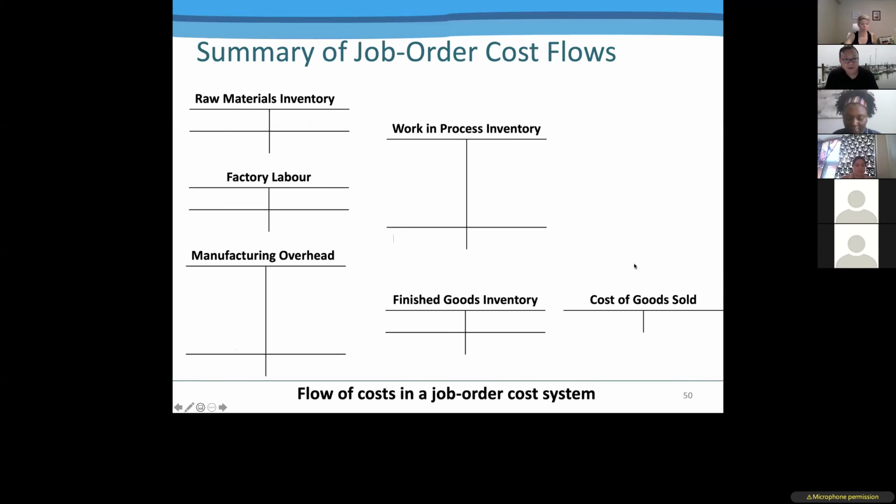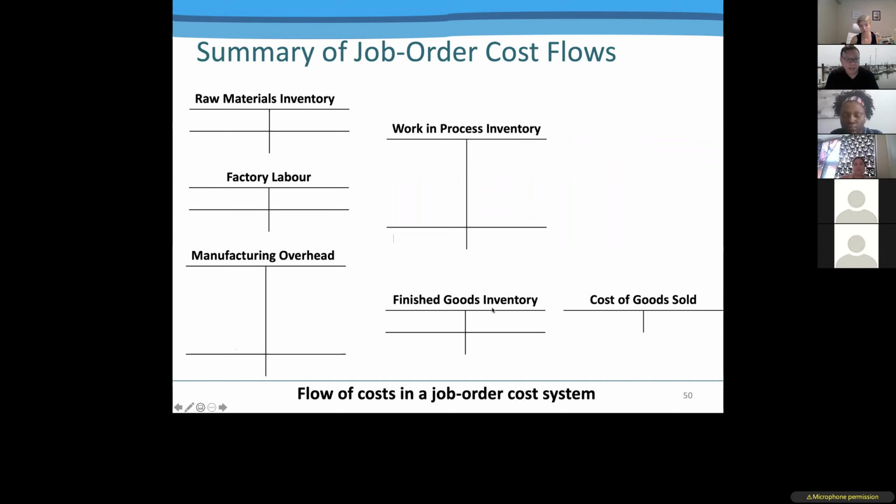Okay, so now let's do a summary of the job order cost flows, right? We have used many slides to work on each individual component. It's always important now to take the bigger picture, right? So now in this job order cost flow, I have 3 inventories: raw materials inventory, work in process inventory, and finished goods inventory.